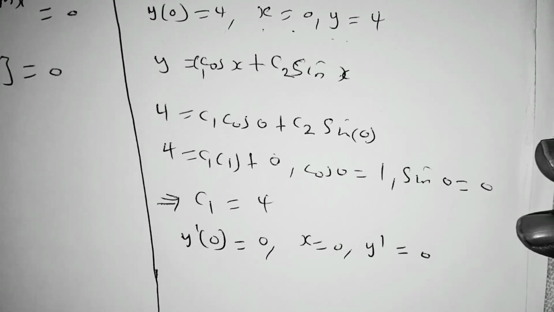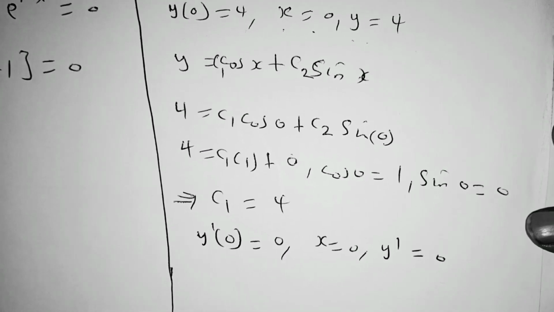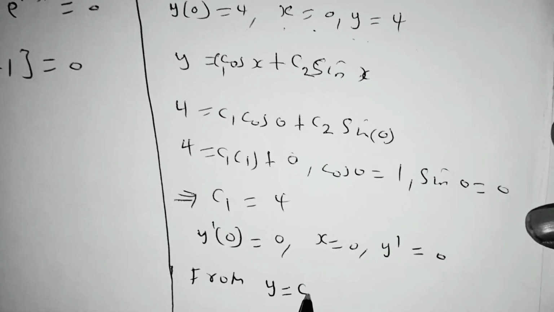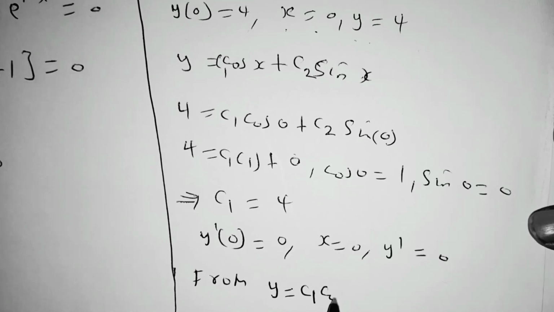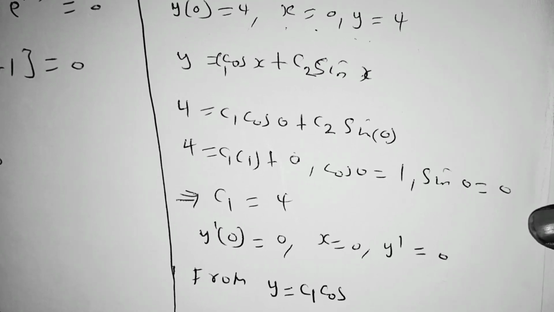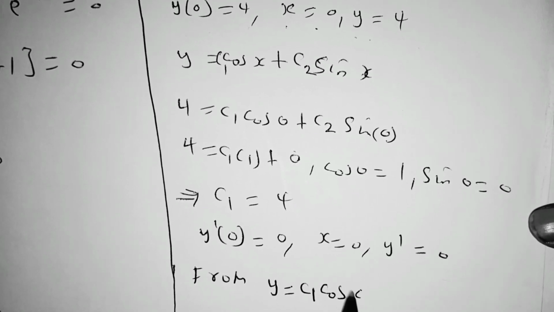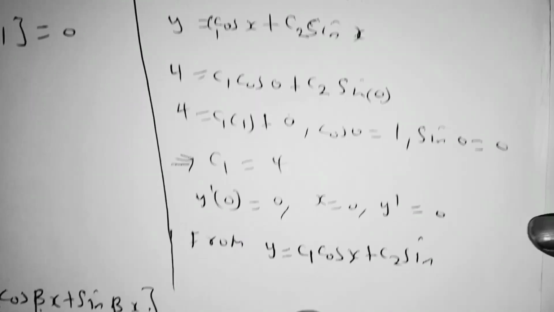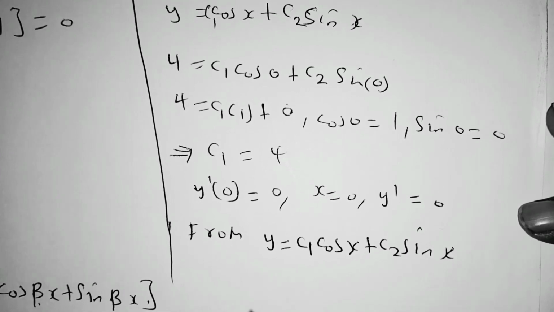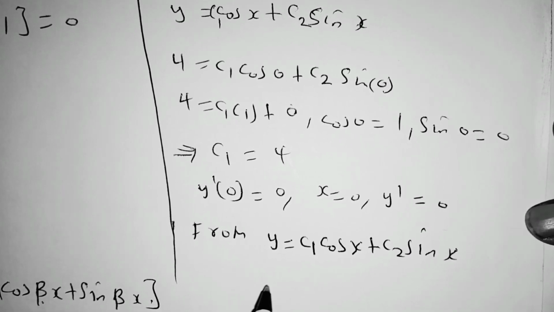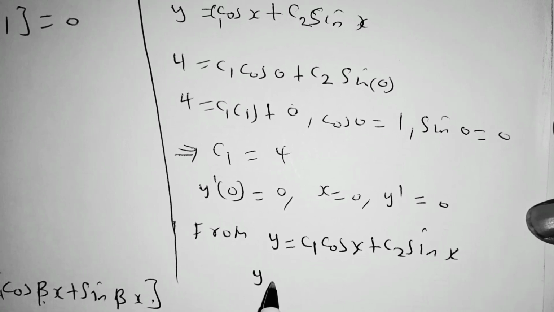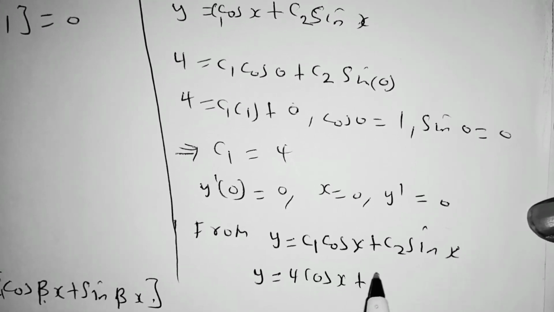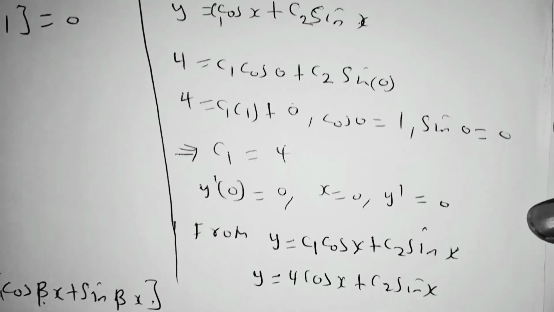So from y is equal to C1 cos of x plus C2 sine of x, we have obtained our value of C1, so we can write it as y is equal to 4 cos of x plus C2 sine of x.